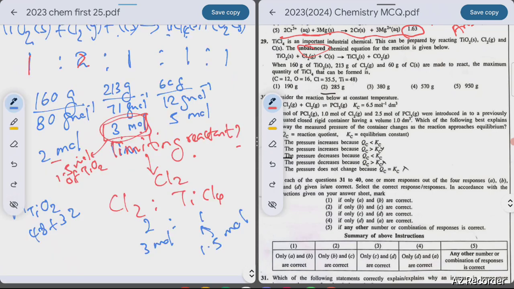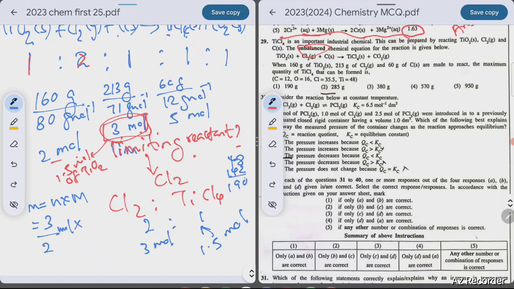1.5 moles of TiCl4 means, as you all know, we can get the mass from n times capital N. So 1.5, which is 3 over 2 moles, times the molar mass of TiCl4. Ti is 48 and 4 times 35.5 is 142.